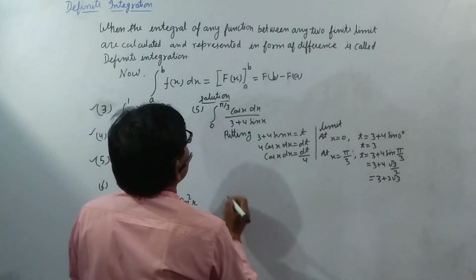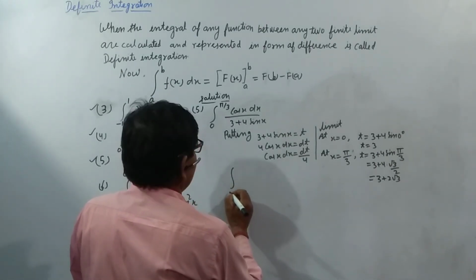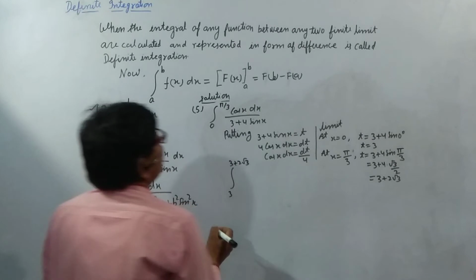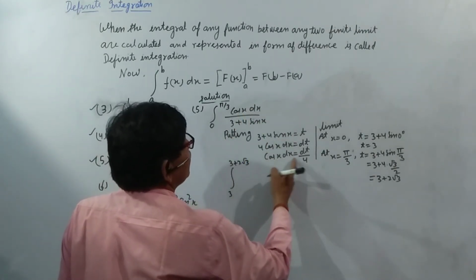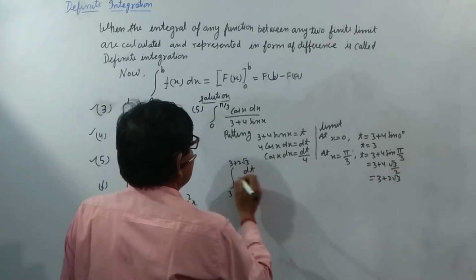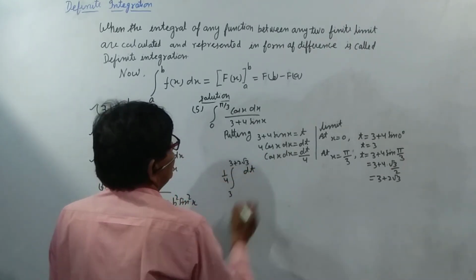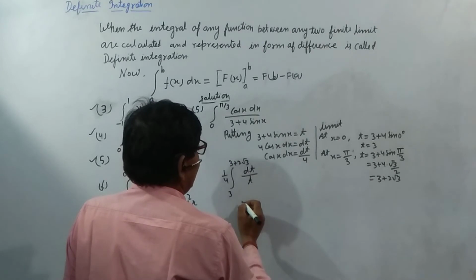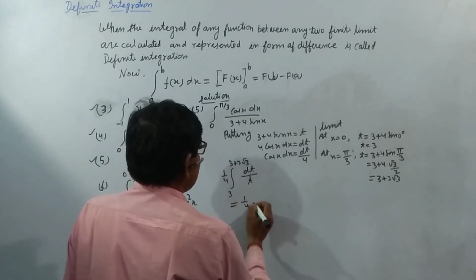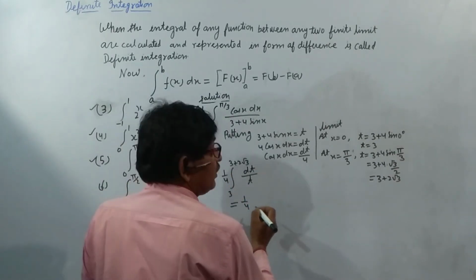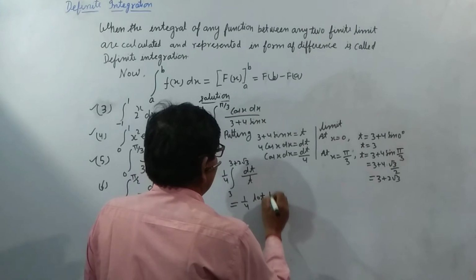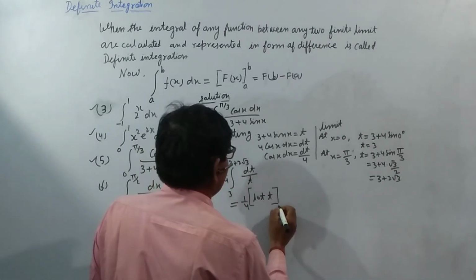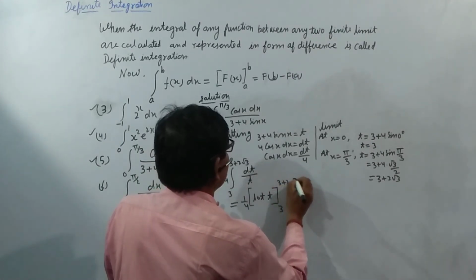So this will be the integral from 3 to 3 plus 2 root 3, with cos x dx equal to dt by 4, so 1 by 4 comes outside, of 1 by t dt. The integration is log t, with limits 3 to 3 plus 2 root 3.